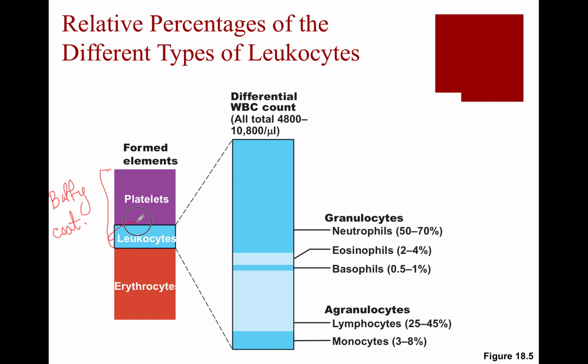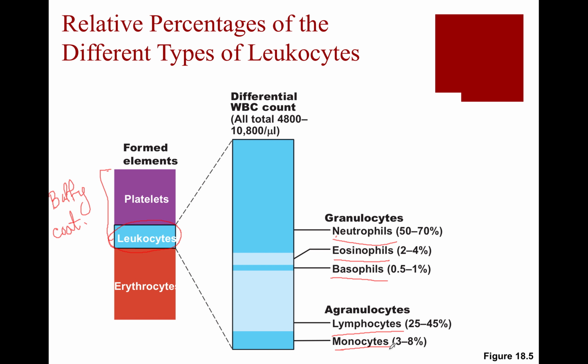But one thing that you do need to notice is that if you're looking at white blood cells or leukocytes, there are different types of white blood cells. They are identified as neutrophils, eosinophils, basophils, lymphocytes, and monocytes.